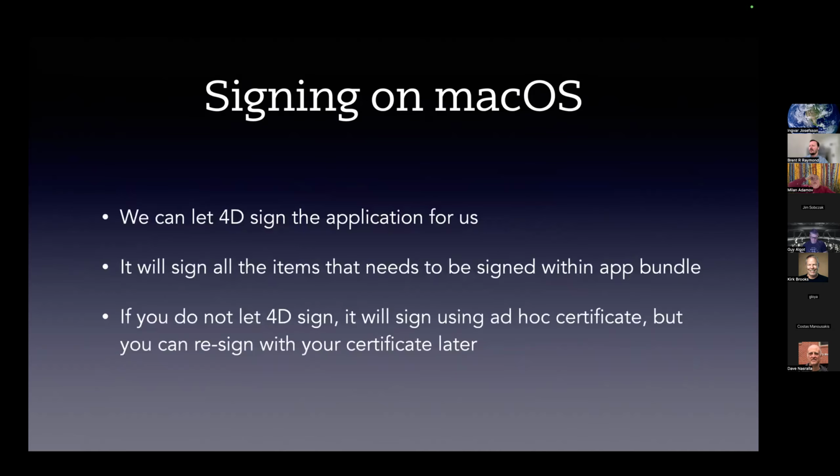Regarding the 4D signing, since at least version 18, maybe 19, when you are building applications from 4D and do not choose a certificate, 4D will sign it anyway with a so-called ad hoc certificate.